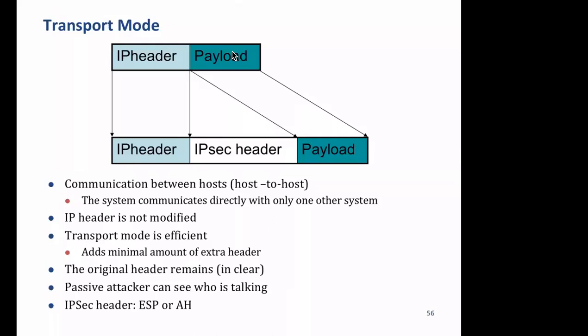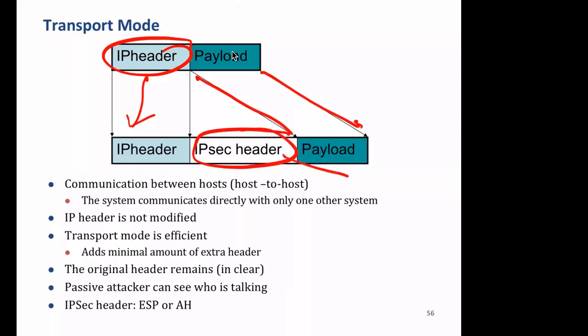So you take the IP header as it is and the payload as it is, and then attach the IPsec header, which will contain authentication information, like what kind of HMAC code, etc.